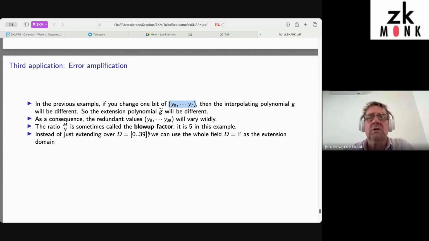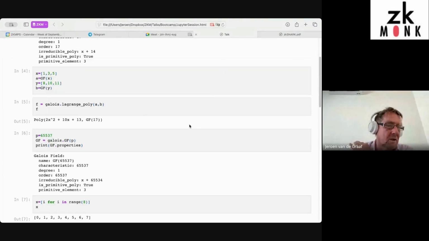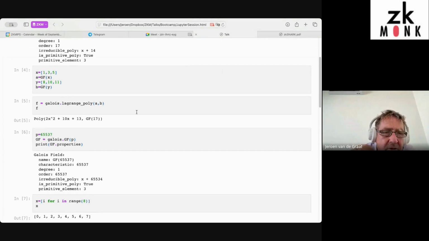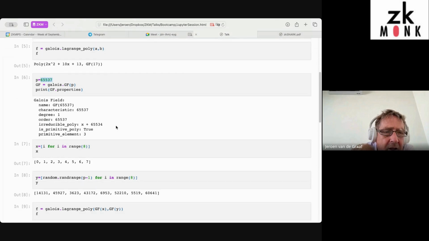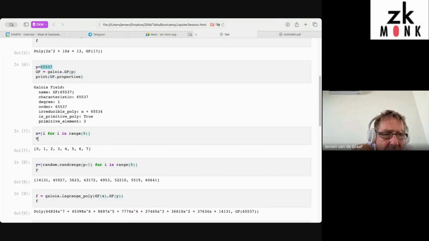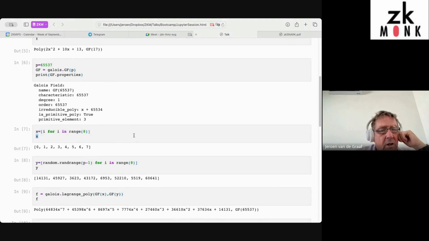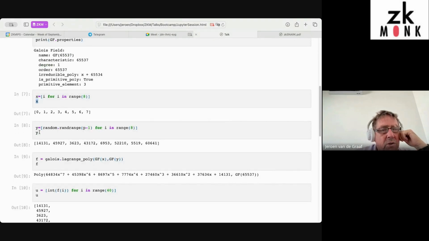So I want to show you this. I made an experiment in IPython. Here I redefine the field. Here I define the values of x on the first interval between 0 and 7. Now I choose the y values completely random.